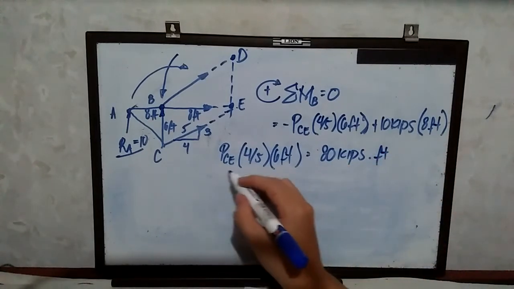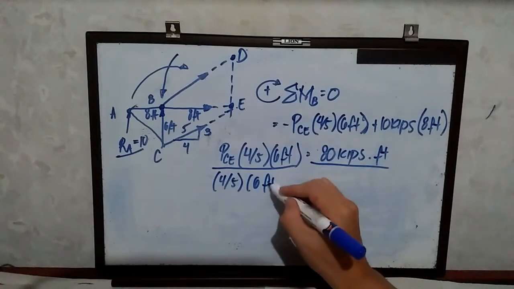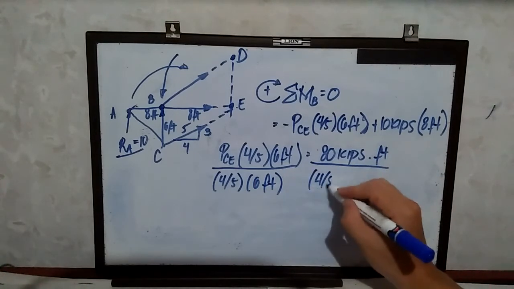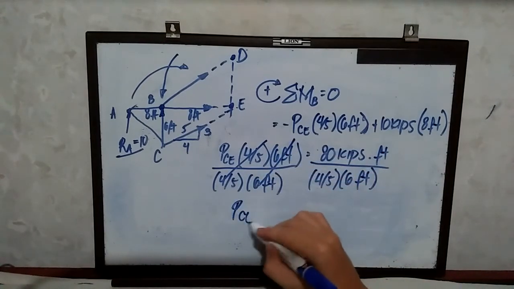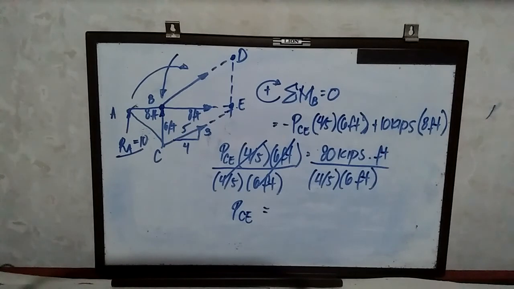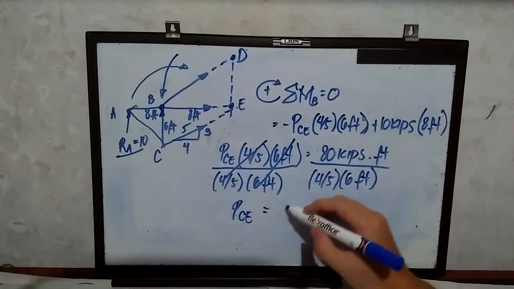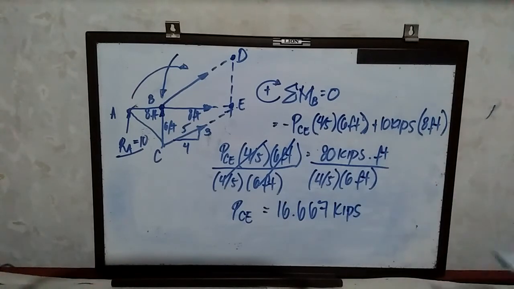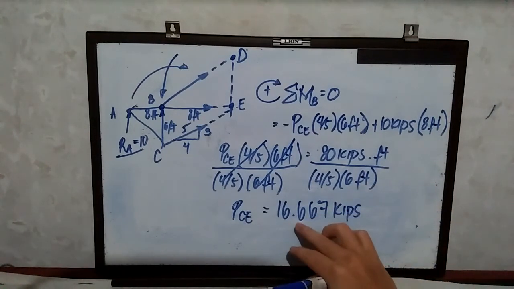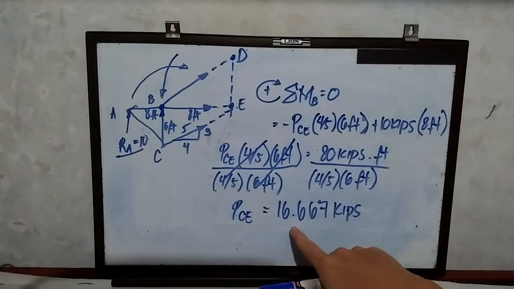Then dividing both sides by 4 over 5 and 6 feet, so cancel and then cancel. P sub CE, if you simplify everything, is 16.667 kips. Since we have a positive answer for P sub CE, and our initial assumption is tension, that means our initial assumption is correct.